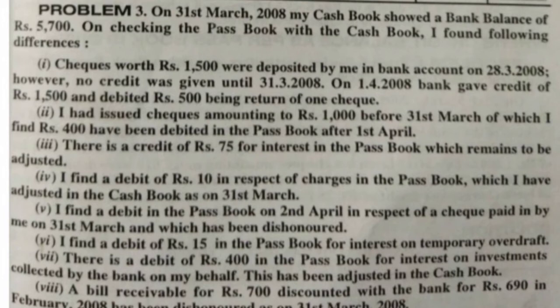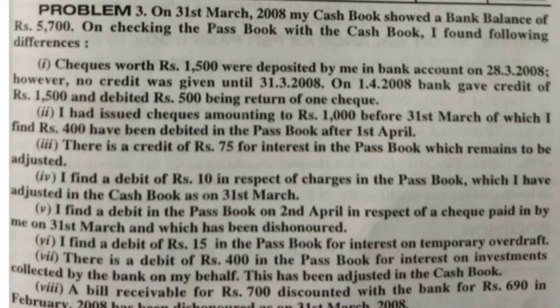It should be a credit in the passbook. But this is a type 3 difference. The banker is making an error here, recording a credit transaction as a debit transaction. The 400 is actually a receipt. Therefore, it should be credited to the passbook, but it is being debited in the passbook.